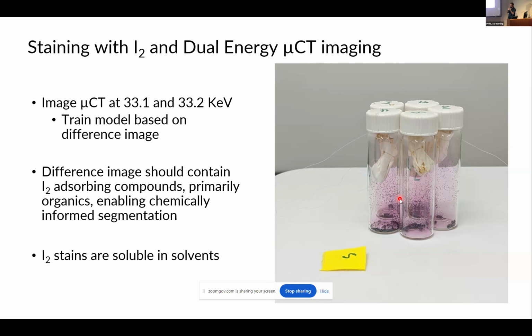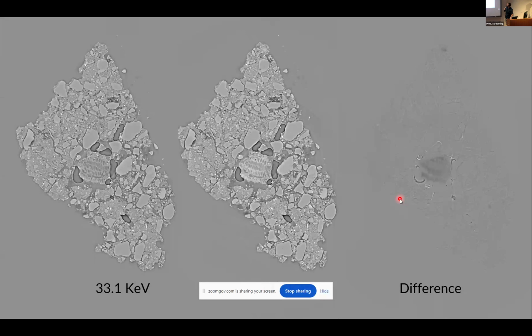And so we were going to train a model based on the difference image from those stacks. The difference image should contain iodine absorbing compounds. Now, there are some challenges to this. As it turns out, iodine is soluble in most solvents. And so as you're fixing these, you can watch the iodine come out of your aggregates, which is a little creepy.